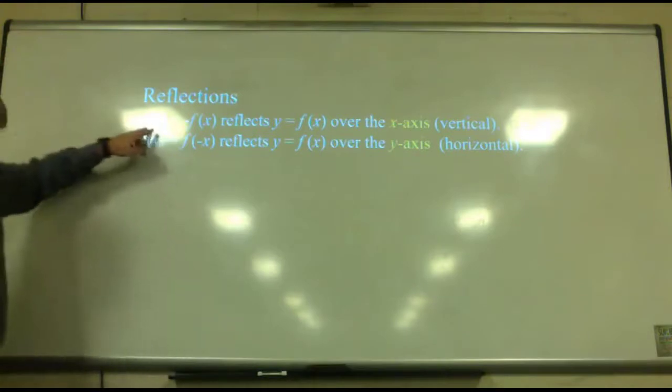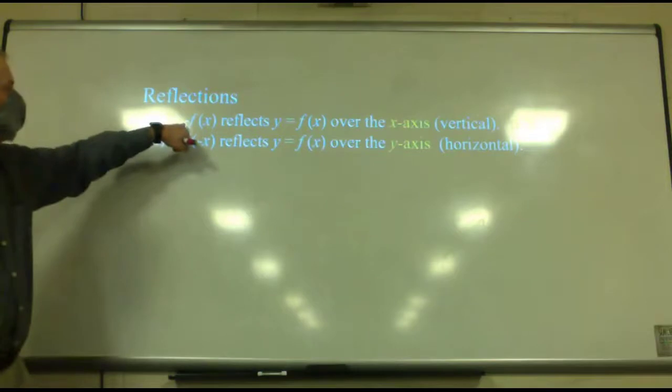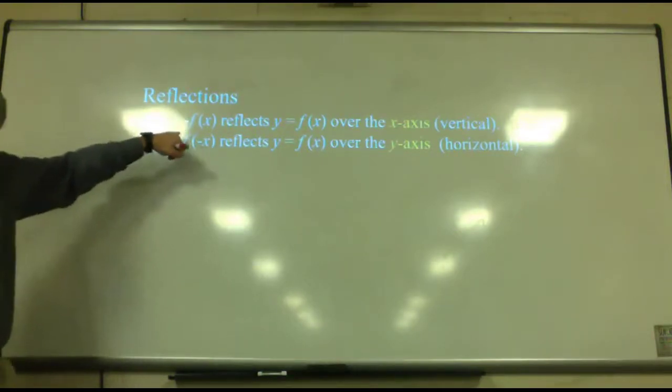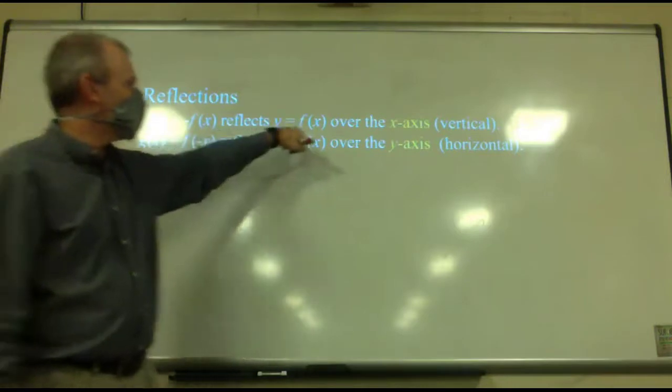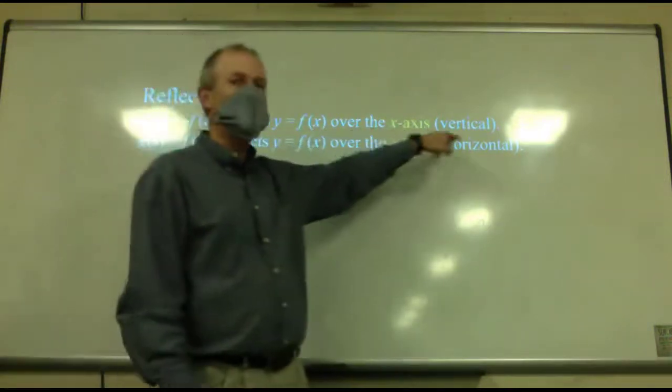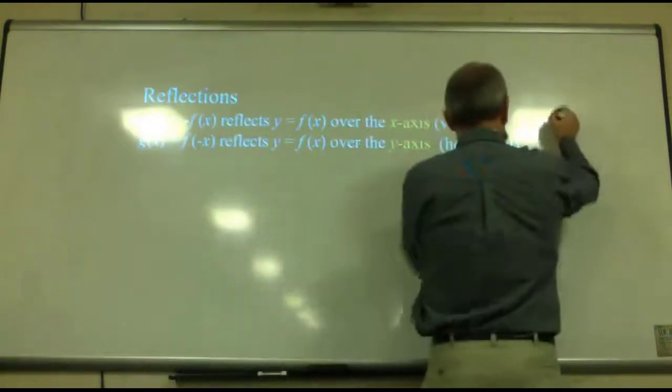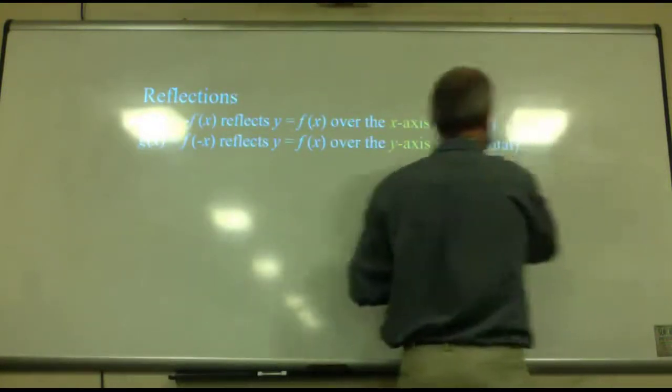So if g of x is our new function, and it is equal to the opposite, there's a negative in front of this f of x, the opposite of f of x, it reflects this original function over the x-axis. Let's remind ourselves what that means. Here's our x-axis, correct?